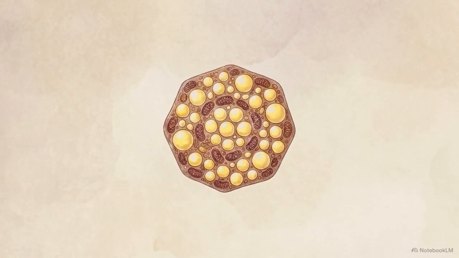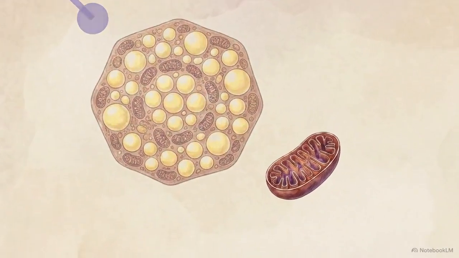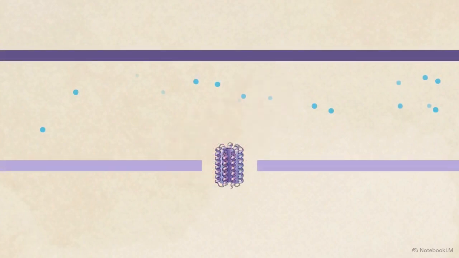Just as in white fat, norepinephrine activates hormone-sensitive lipase to liberate fatty acids from the stored droplets. However, instead of exporting these fatty acids, the brown adipocyte immediately metabolizes them within its own mitochondria. This process relies on uncoupling protein 1, or thermogenin, a transmembrane protein in the inner mitochondrial membrane.